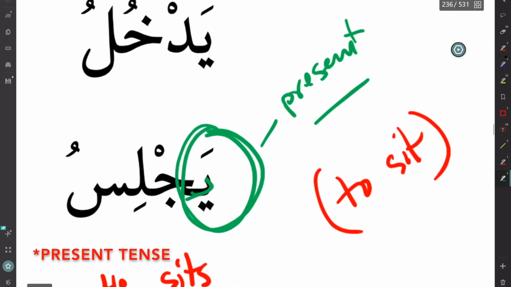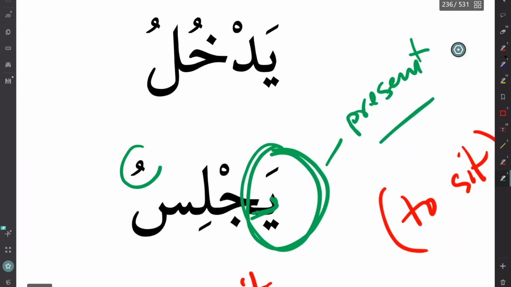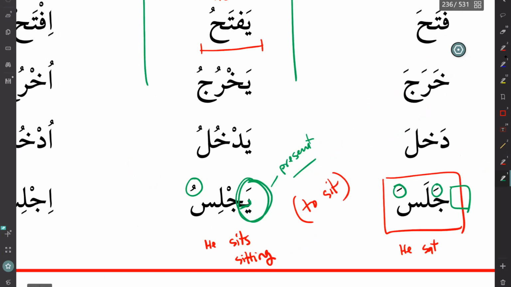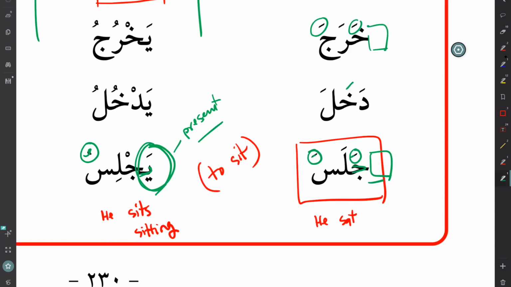So, and in the present tense, we said it will be starting with one of these letters, right? And usually, if it doesn't have any suffix, it will be ending with dhamma. Okay, so these are the two characteristics of the past tense and the present tense. So when you learn verbs from now on, inshallah, you should try to learn them in a pair, the past and the present.